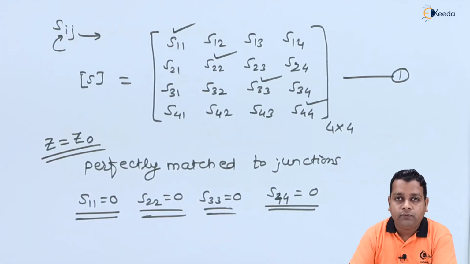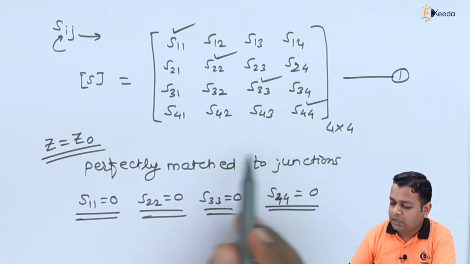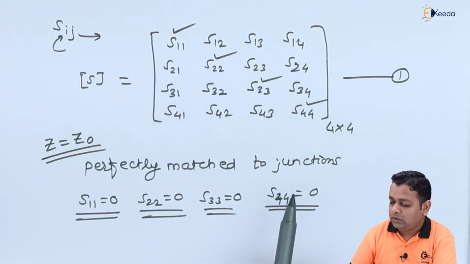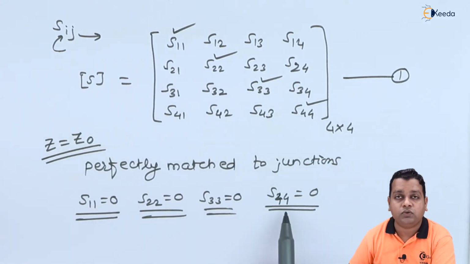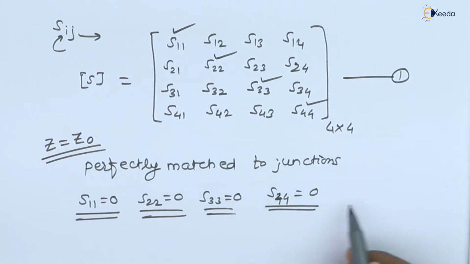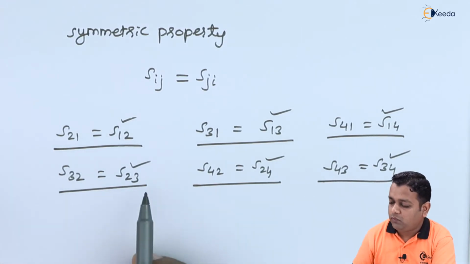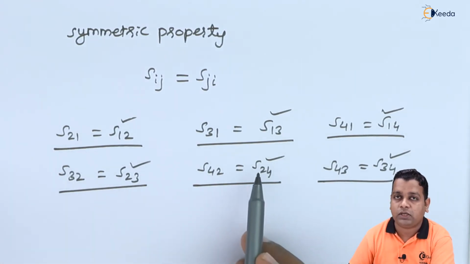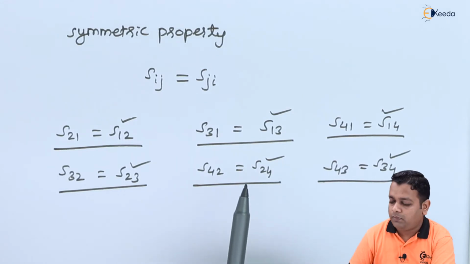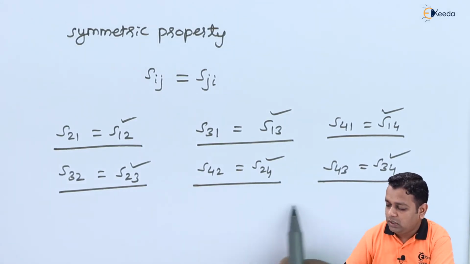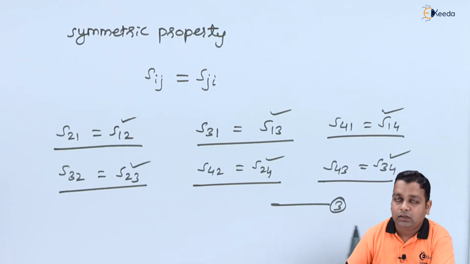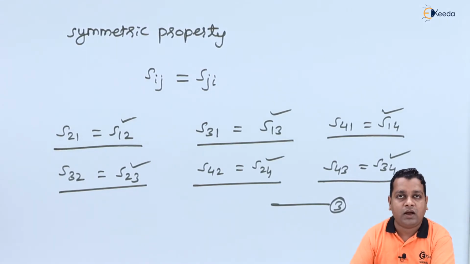If we represent the perfect match condition for the junctions by the values of the four coefficients like this as equation number 2, then, due to the symmetric property, the replacements for the lower order preference of the scattering coefficients are represented by equation number 3, and we can make the changes into equation number 1.